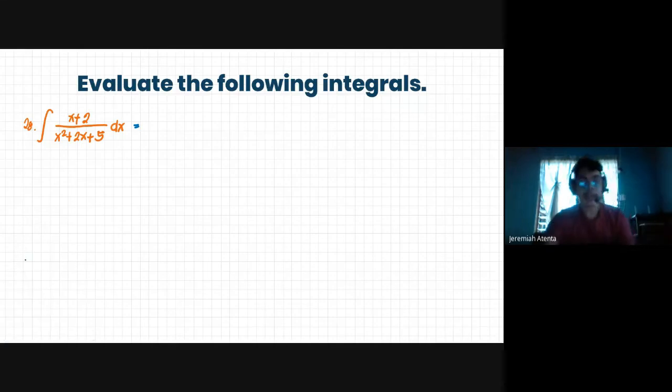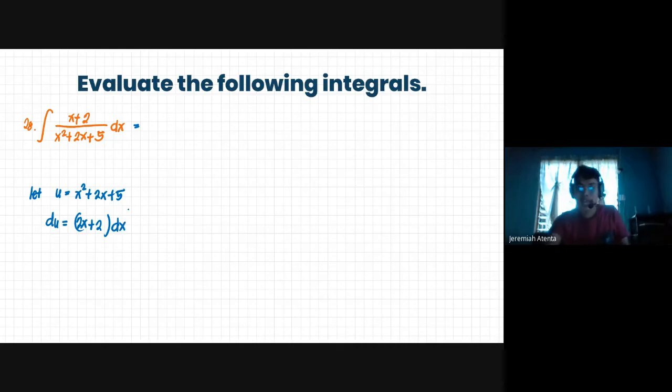Now, observe that if I will let u be equal to x squared plus 2x plus 5, I will get du equal to 2x plus 2 dx.